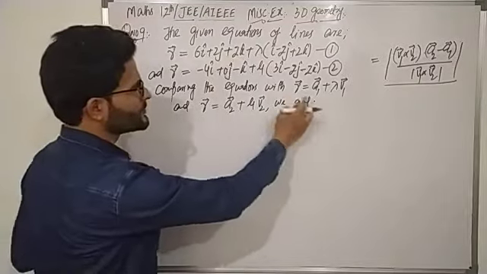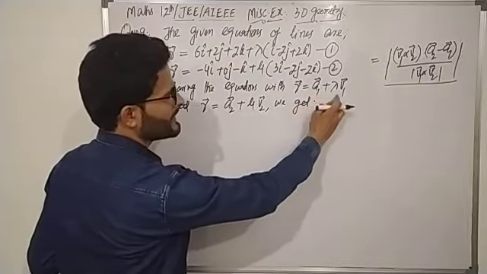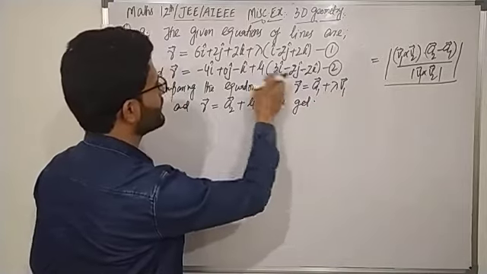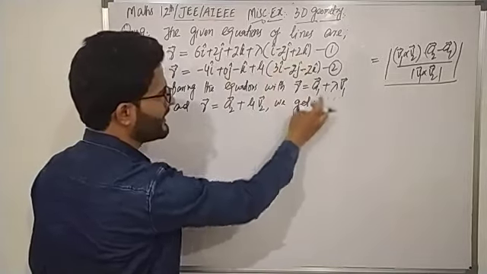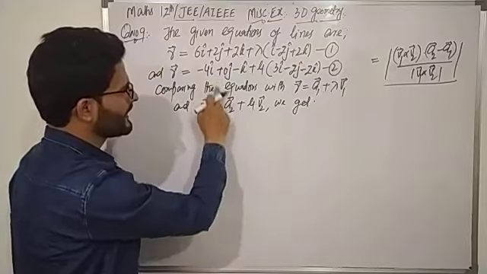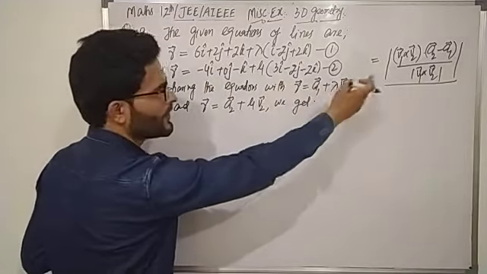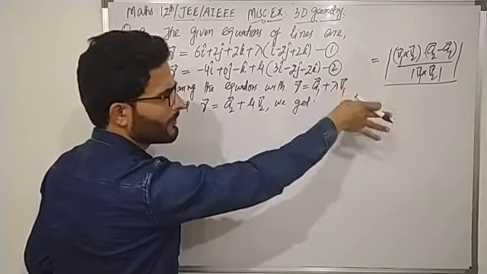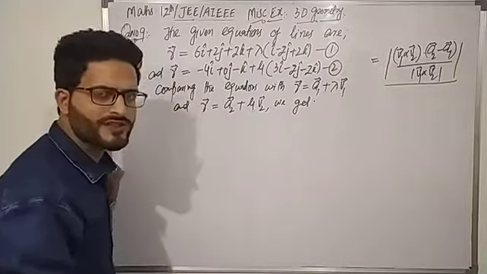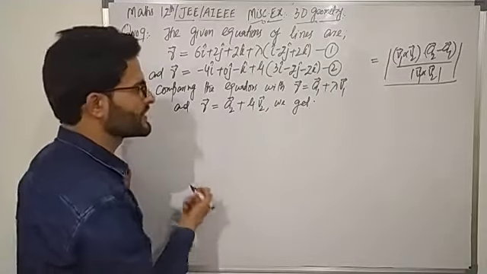So compare the first equation with r vector equals a1 plus lambda times v1; we will get a1 and v1, and similarly from the second we will get a2 and v2. Put the vectors in the expression and we will get the shortest distance between these two skew lines.